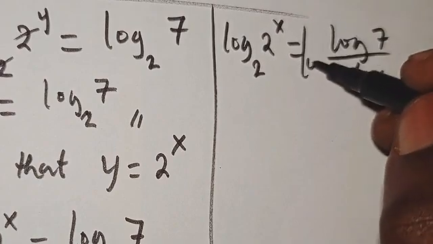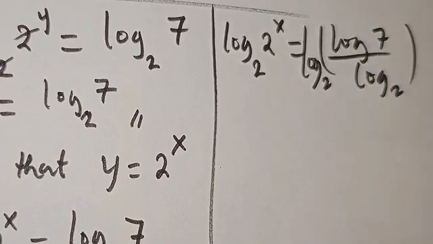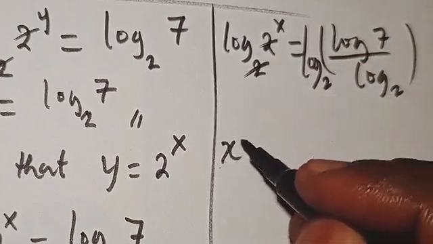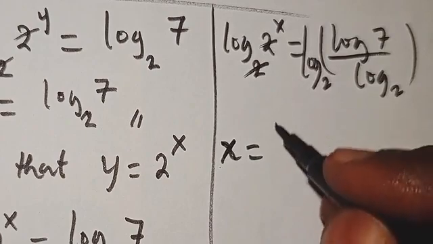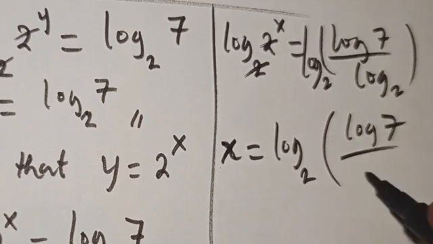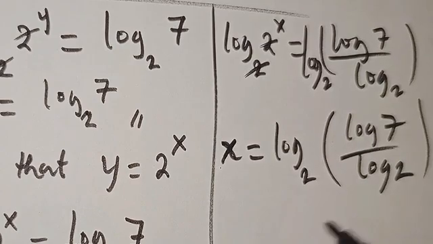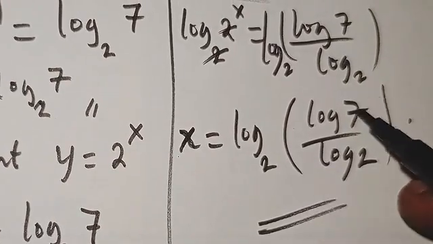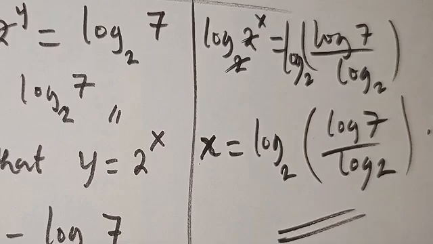We're still going to put log of base 2 here. So we cancel this, we have x equals log 7 all over log 2, and that is the solution. So we have the value of x to be log 7 over log 2.